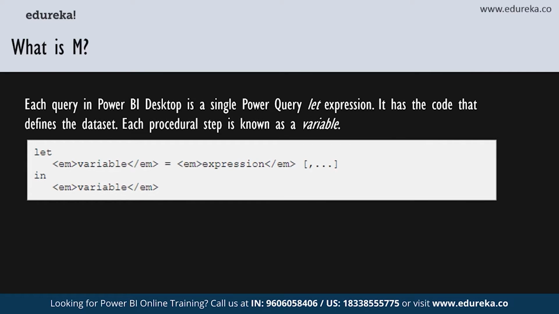Each of these steps is essentially a variable assignment that consists of a name as well as an expression that provides the variable's value. Pretty simple, that is what a variable is in most cases. It's fifth grade math, right? A variable is a name to which you assign a value. Now, this expression defines the logic for adding, removing, or transforming the data in a specific way. This is where you will be doing the bulk of your work, as you are going to see in the examples I'm going to give you later in this module.